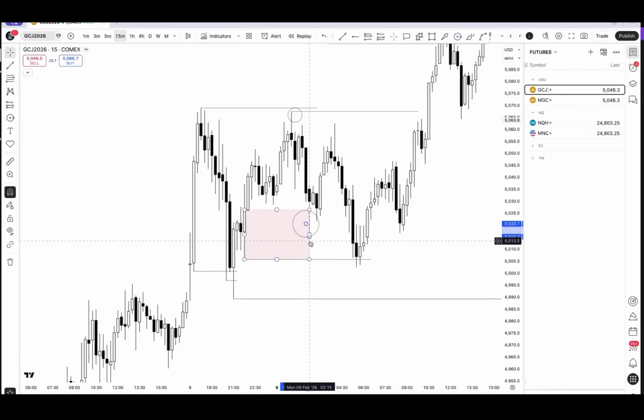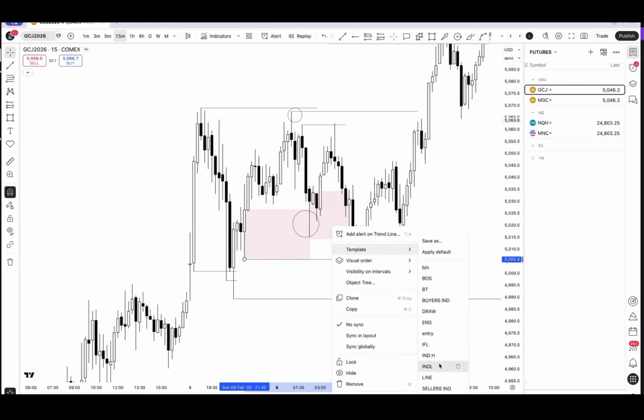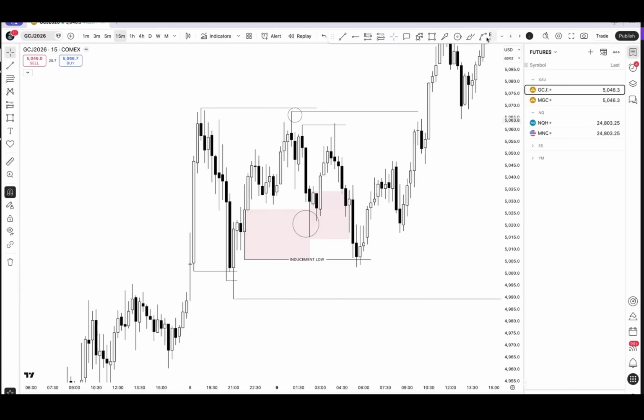We tap into it, and then what do we do? Induce buyers. So now early buyers are getting into this market from here and from the low to the left. So there's your inducement low, with a liquidity block below. And that's long opportunity number 1.